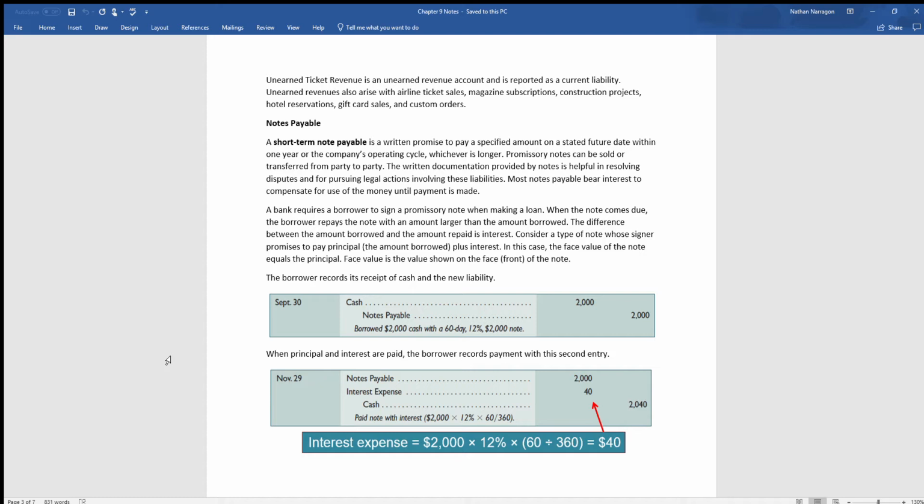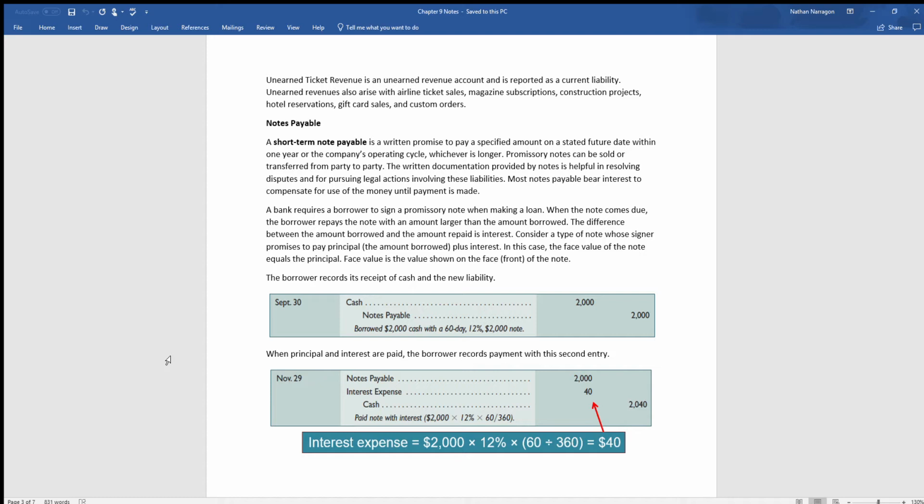So first thing we always have to do is record the payable, because we're going to owe the bank or whoever loaned us money. So we record a debit to cash because that's money we received, and then we do a credit to notes payable because we owe them that loan or note. Now, again, we're going to have to calculate interest just like in chapter 7.